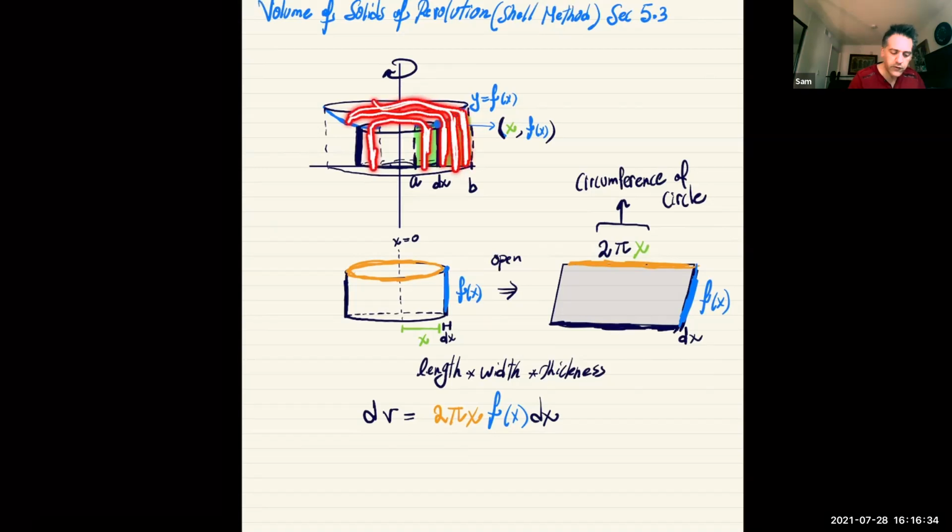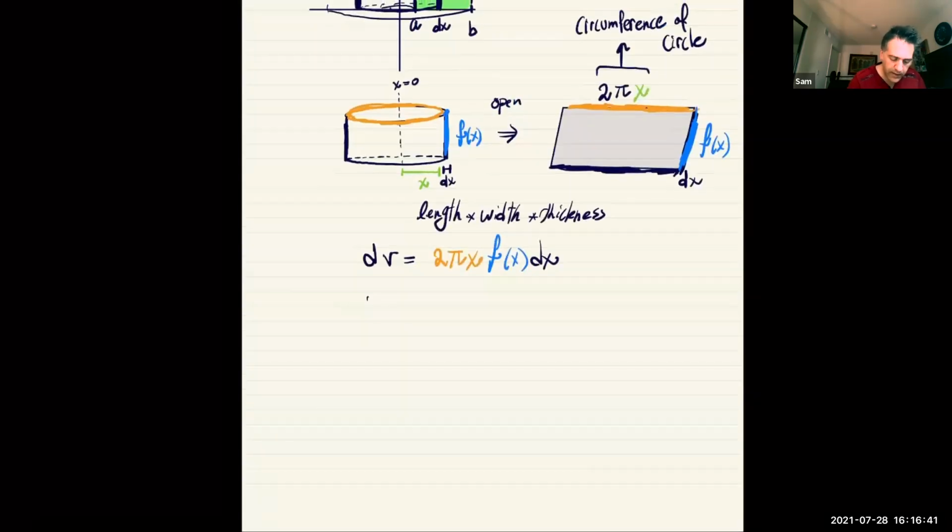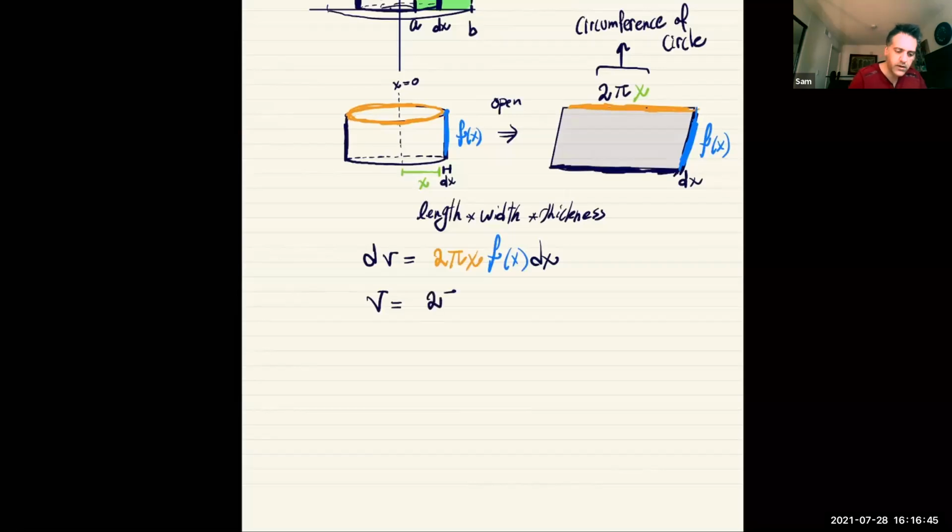These shells begin at a and end at b. So just do the integral from a to b. That's the Riemann sum. And you can take 2 pi out because it's a constant multiple. So 2 pi, the integral from a to b of x times f of x dx.